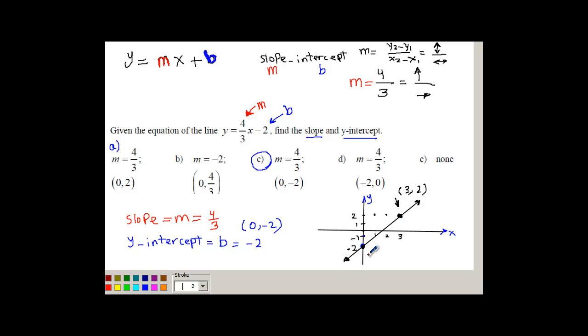If you know the y-intercept, which is b, and we said slope is 4 over 3, it means from any given point, if I move 4 units up, 3 units to the right, I land on the same line. And that's true as I go along throughout this line.